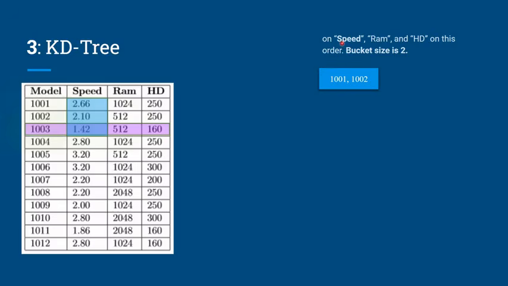So first, we take into consideration the speed. We have records 1001, 1002, and 1003, so we take only the speeds 1.42, 2.1, and 2.66, add up all of those and divide by 3, taking the mean average. That would be equal to 2.06.